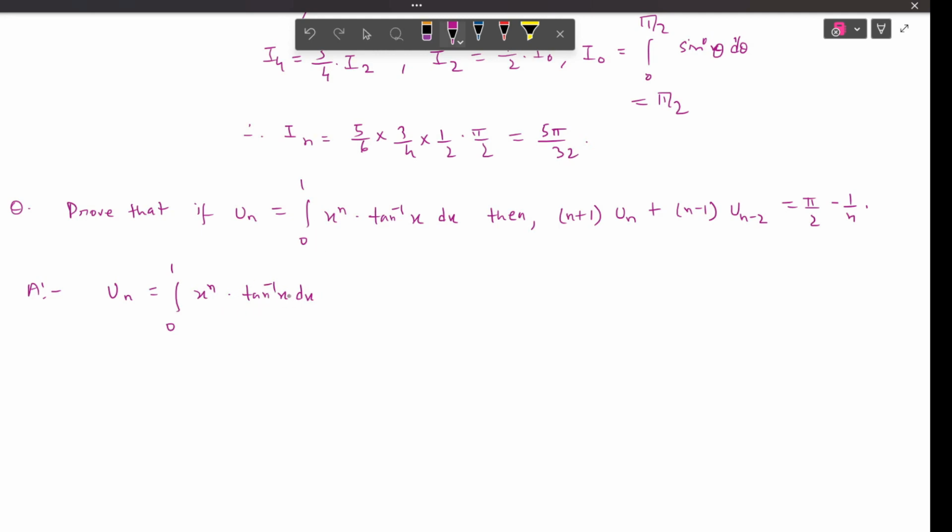So let's apply by parts here. Let us say we have to apply Euler's rule: inverse, logarithmic, algebraic, trigonometric, exponential. So here we have inverse and algebraic. The inverse function should be taken as the first function. So this is our first function, and this is our second function.